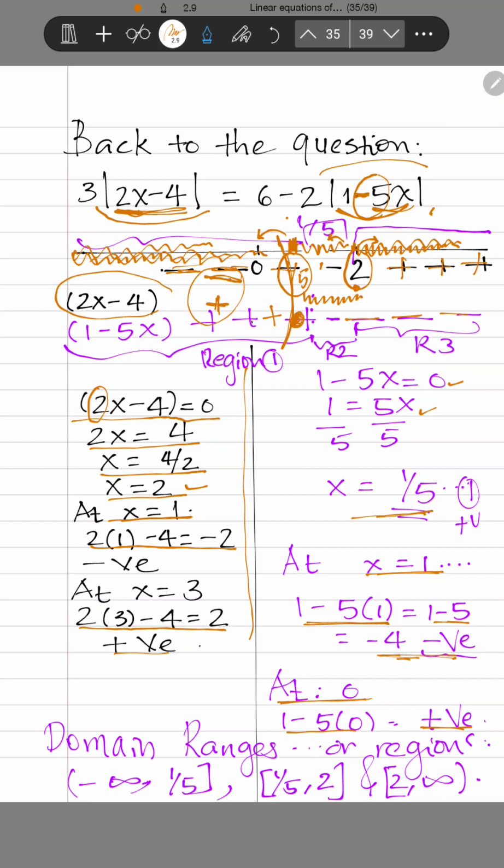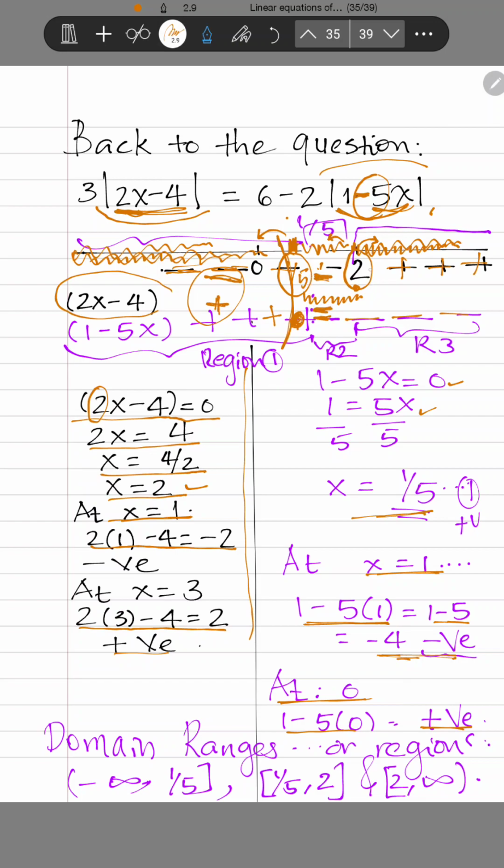In the second case, in between 1/5 and 2, 2x minus 4 remains negative, but 1 minus 5x will change because 1/5 is its critical point. It changes from positive to negative. So in this region, we have both expressions negative.